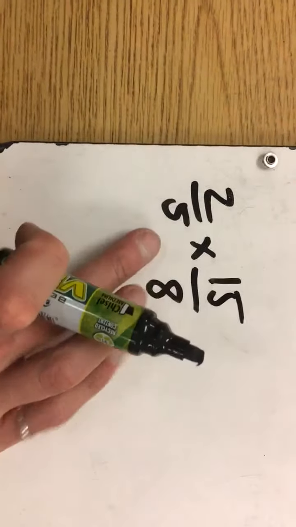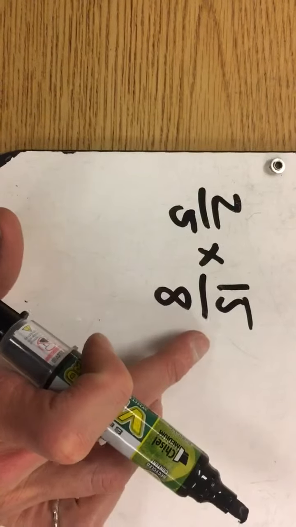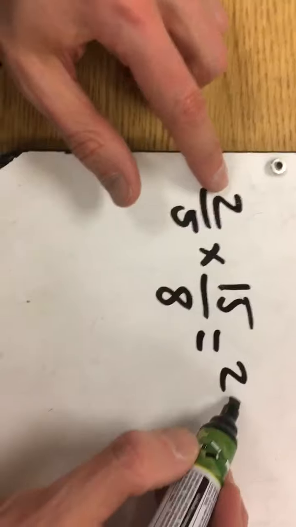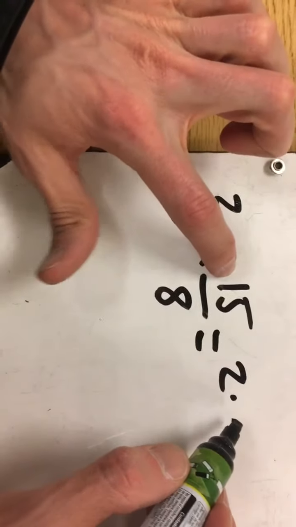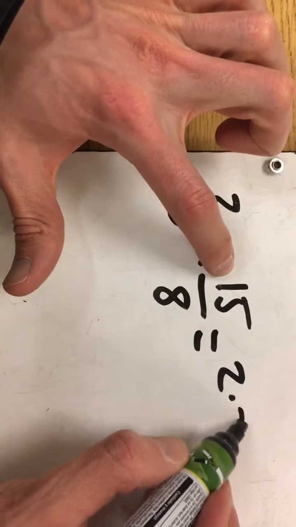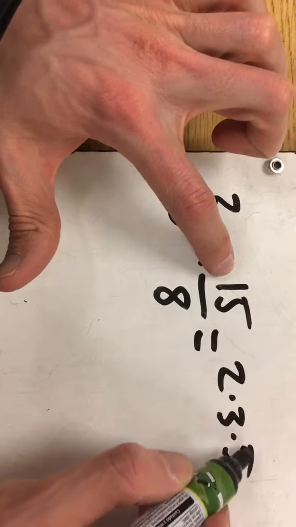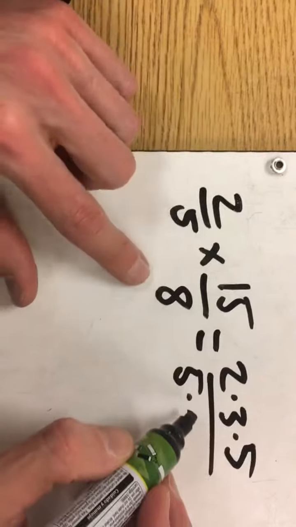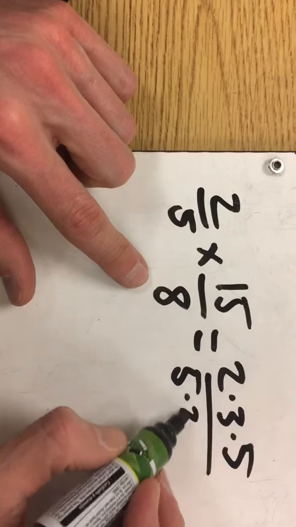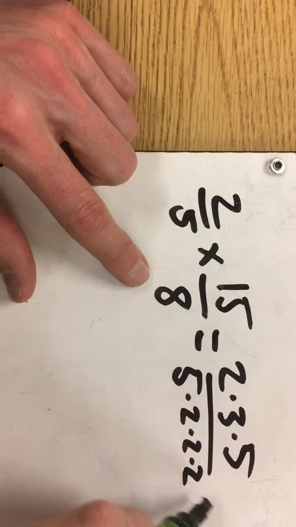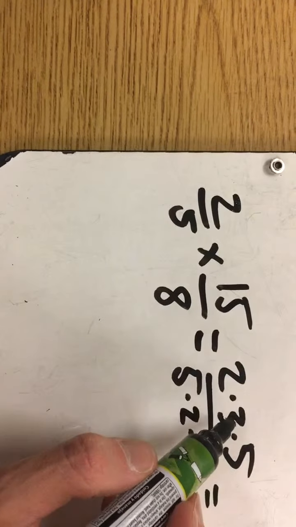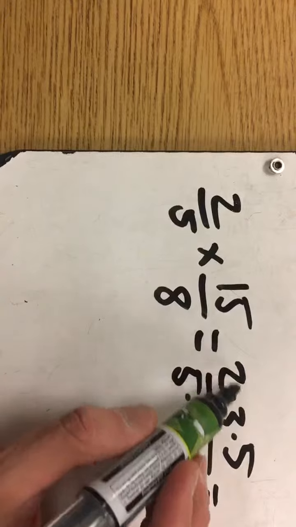Now on the next problem, 2/5 times 15/8, we'll do the same thing. We say 2 on top, and we have a 15, and we can even break that down. So 15 is the same thing as 3 times 5. And then on the bottom, we have a 5 times 8. And again, 8 is just 2 times 2 times 2. Before we put them all together, like we did in the previous sections, we're going to see they have something in common.